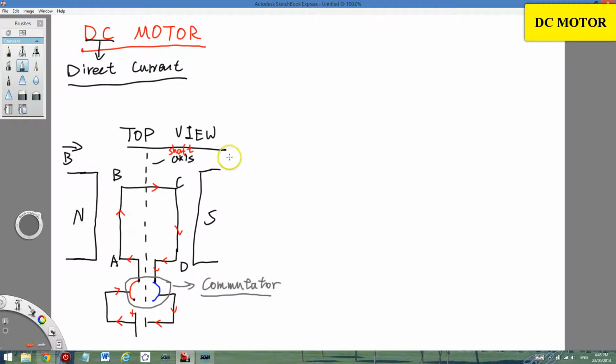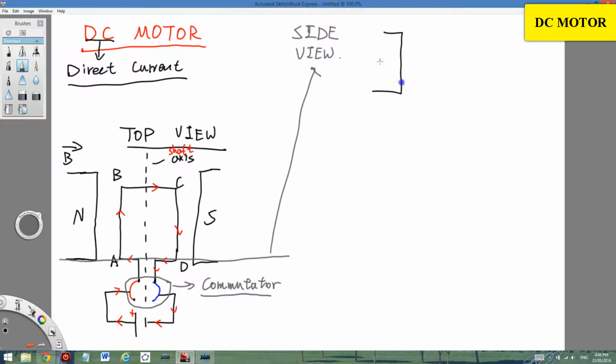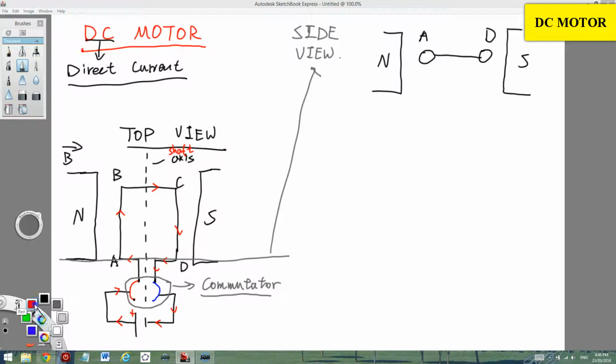Now, after we look at the top view, let me draw the side view. I'm going to cut a line in here and produce the side view.